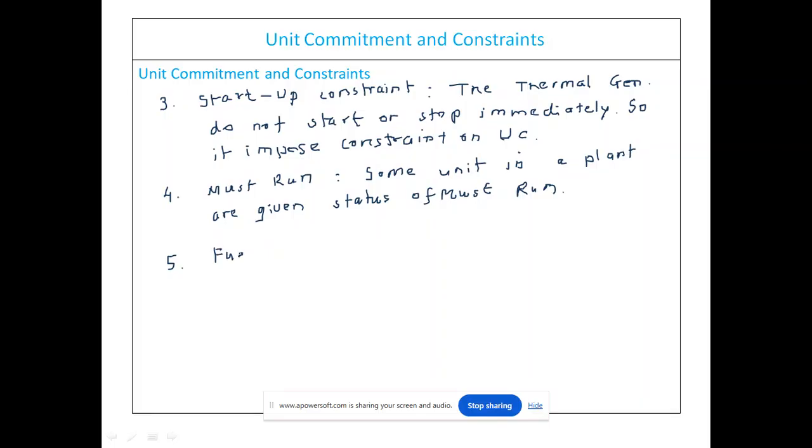Then the last one is the fuel constraint. Fuel constraint means what?